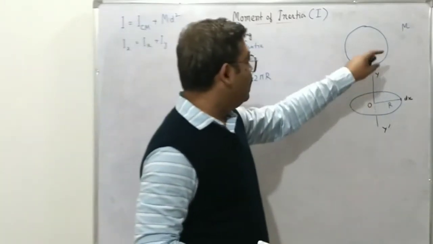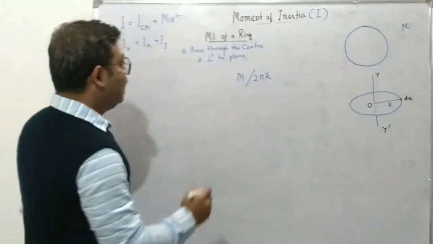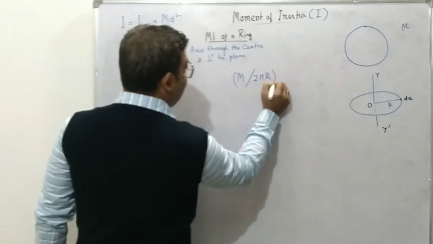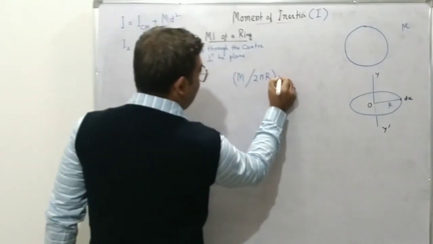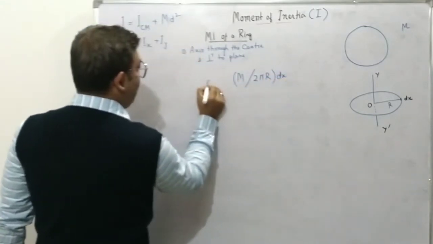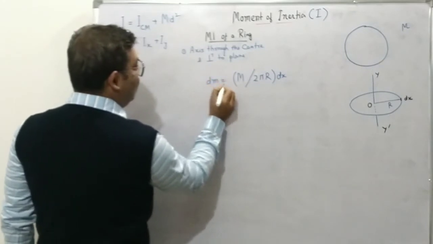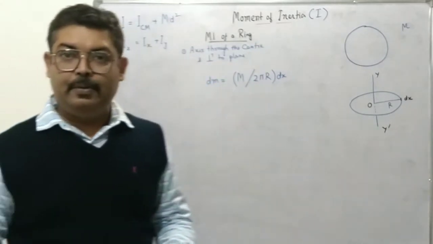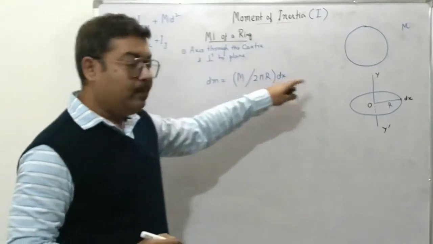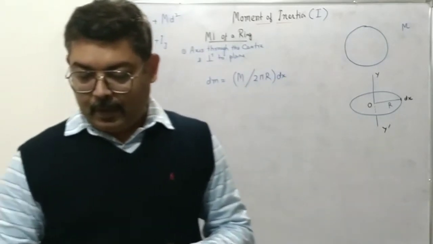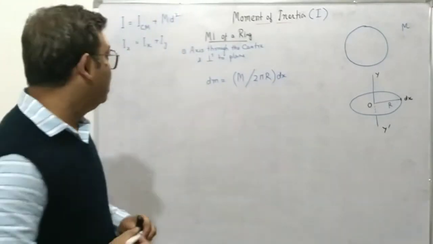Then the element that we have chosen has a length of dx, so its mass dm will be given by mass per unit length multiplied by the length of the element.